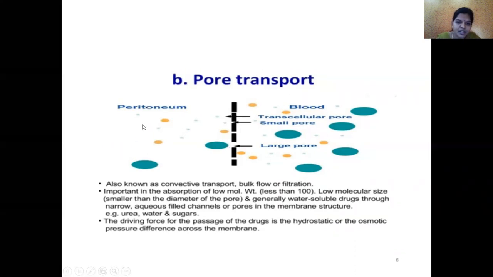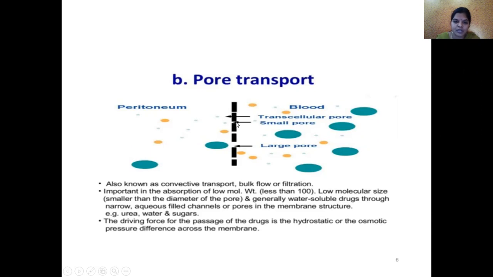When you administer the drug through pore transport, some breakage of the GI lumen will take place, from which the drug enters or exits to the blood. See here, this is the large pore and this is the small pore.